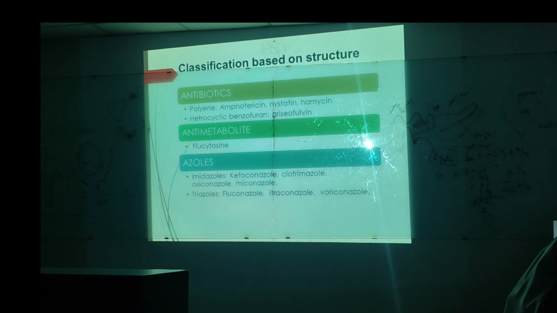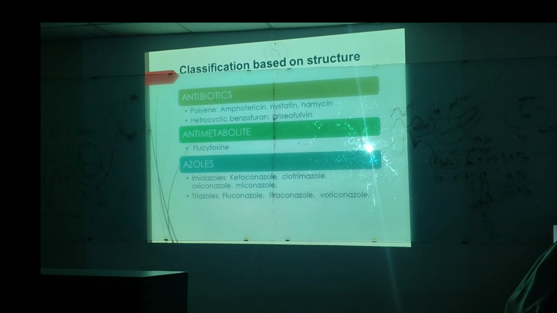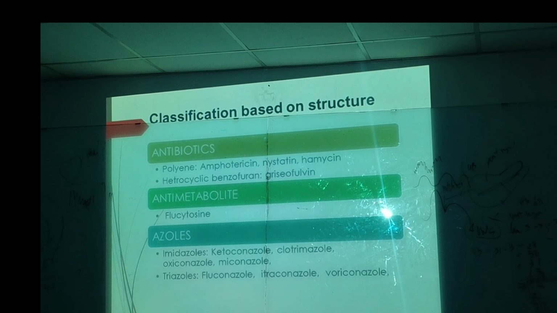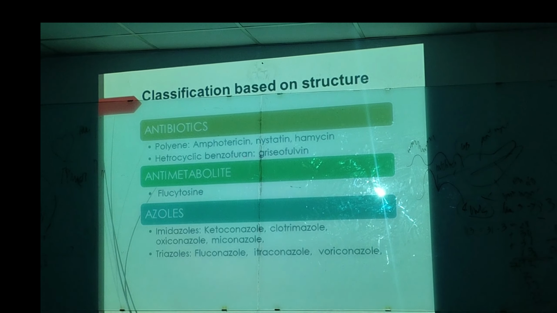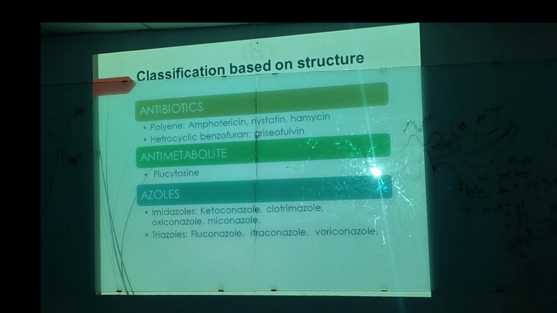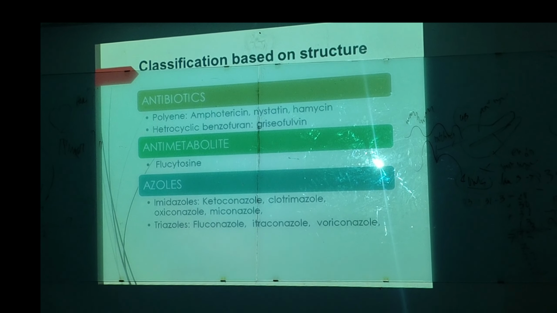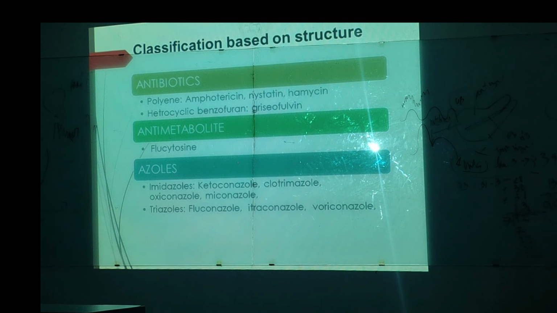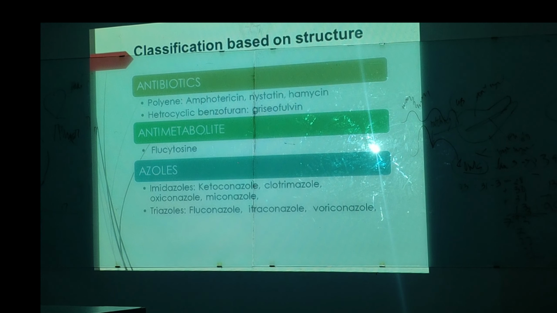And the azoles, you have two types, the imidazoles and the triazoles. Imidazoles are your ketoconazole, clotrimazole, oxiconazole, and miconazole. While your triazoles, the newer azoles, are your fluconazole, itraconazole, and voriconazole.